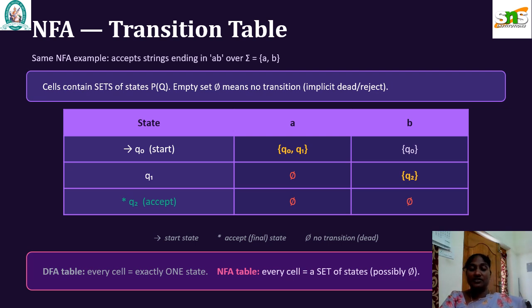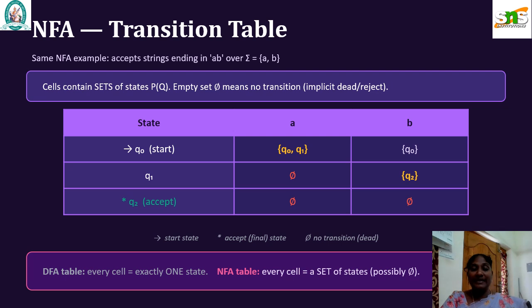Q1 is a regular state. When Q0 reads A, it can move either to Q0 or Q1. So in NFA, a transition moves to a subset of states, or multiple states. When Q0 reads B, it can go only to Q0.